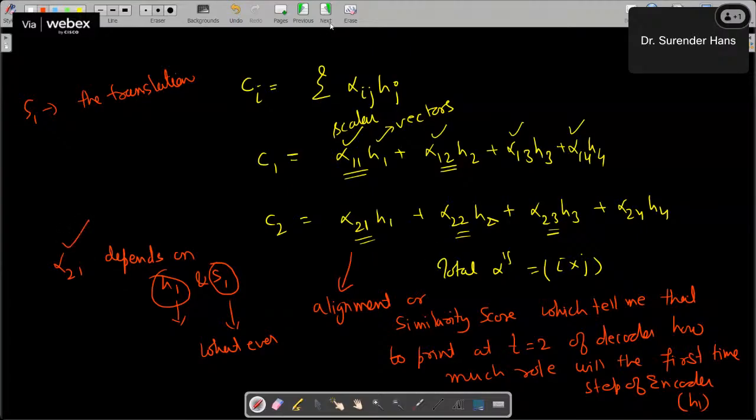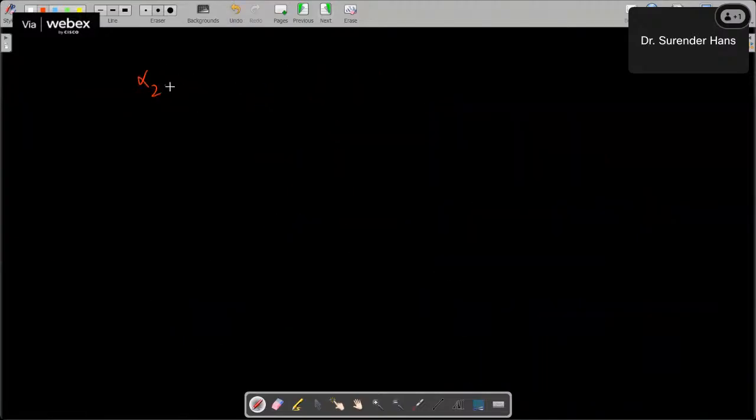So listen again one more time with this alpha 21. We need the information of how much the output of the second time step of the decoder depends on the first time step of the encoder.